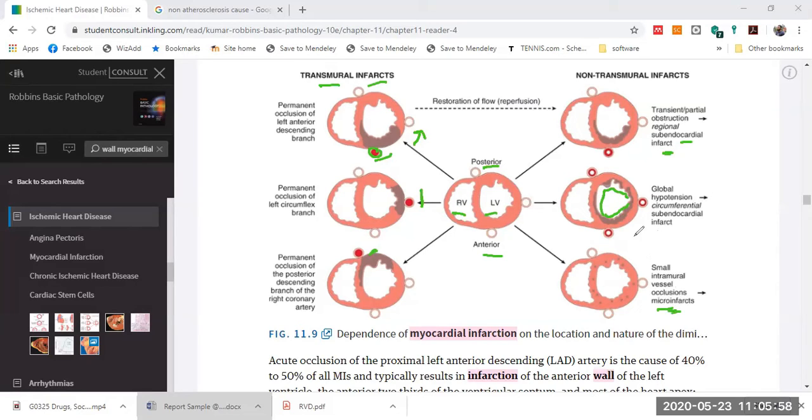which can be explained in terms of microinfarction. So again, I'm repeating the same thing: transmural is a permanent occlusion, whereas non-transmural is a partial occlusion, not permanent. In transmural, it usually occurs in the left anterior descending branch, or the occlusion or infarct will move to the left circumflex branch, or it can move to the posterior descending branch of the right coronary artery.